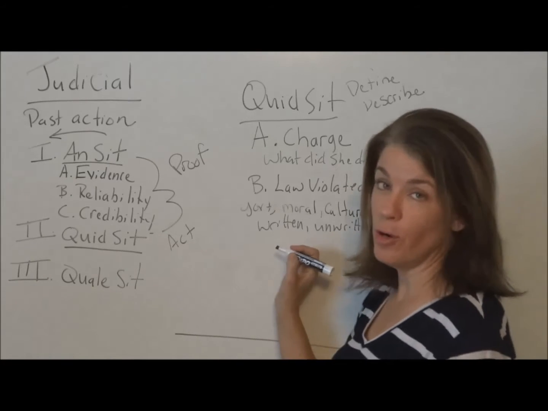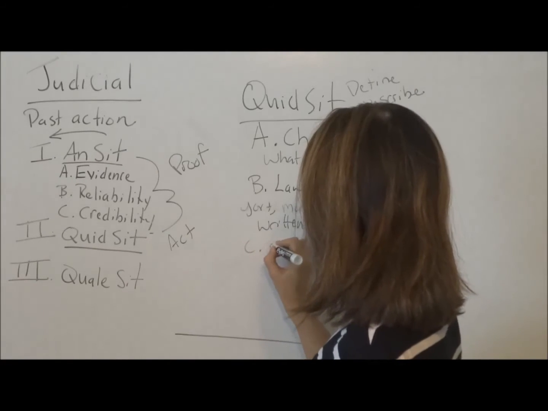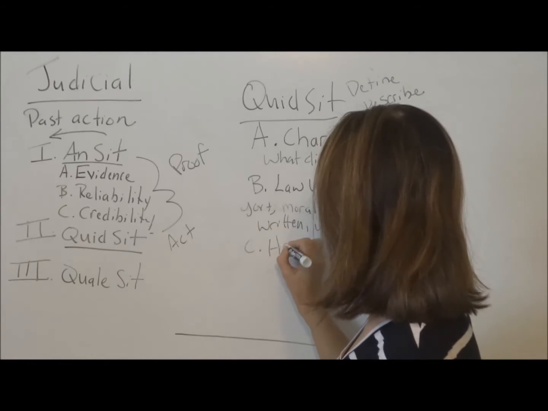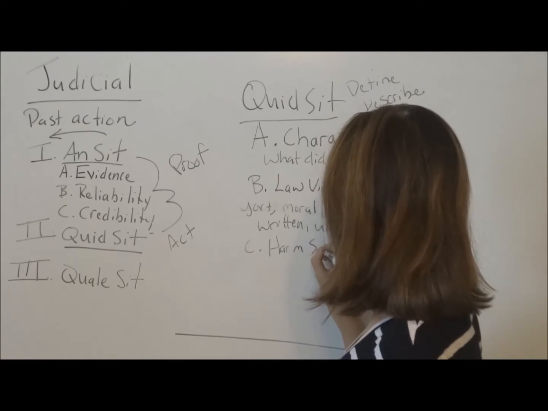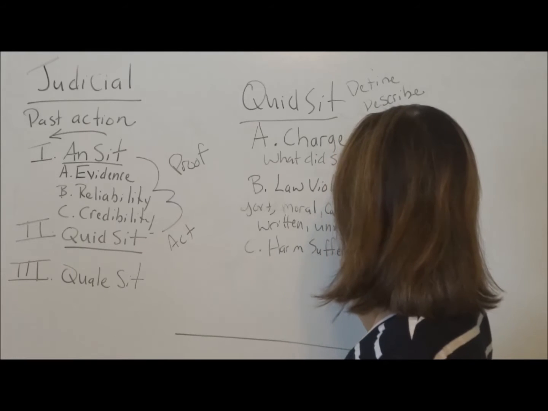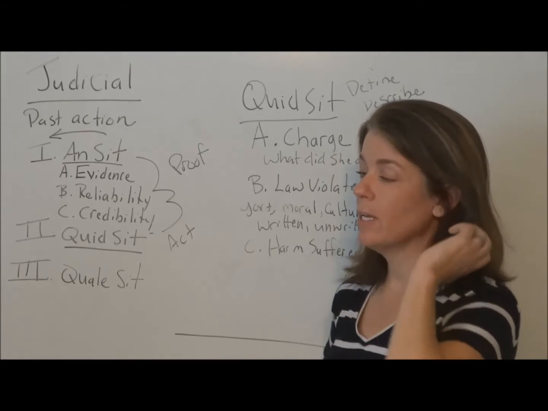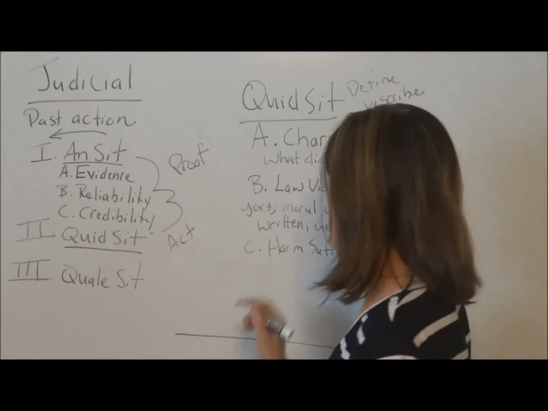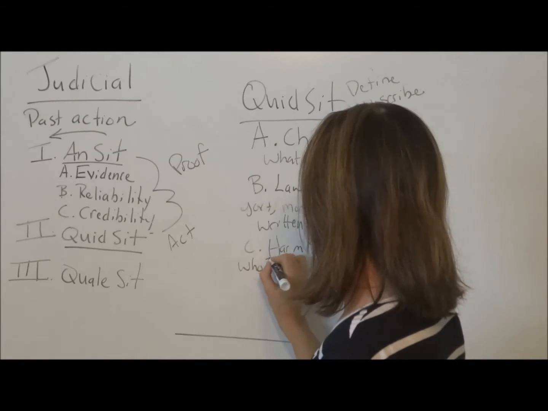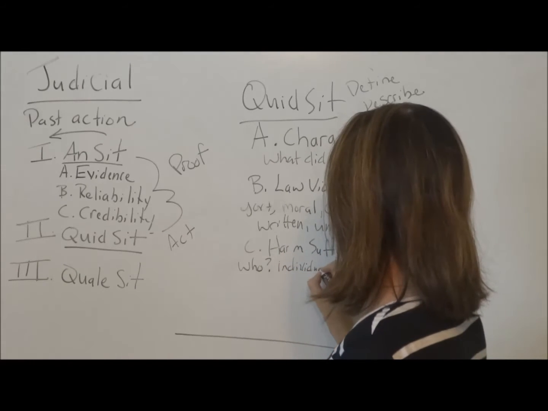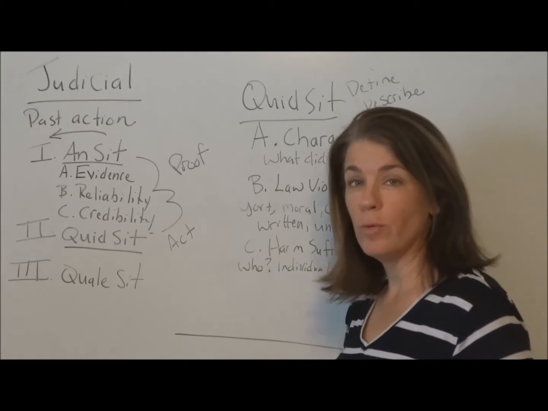So then the third thing that you're going to do is you're going to establish what harm was suffered. So first you're going to define who was harmed. Was it an individual? In this case, was it Fanny's father that was harmed?